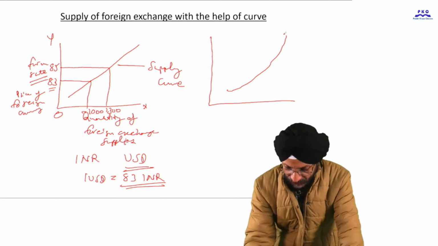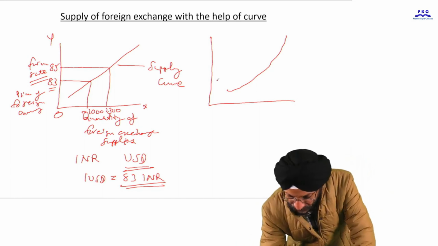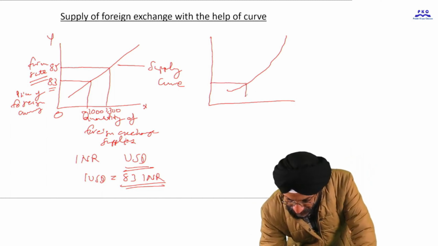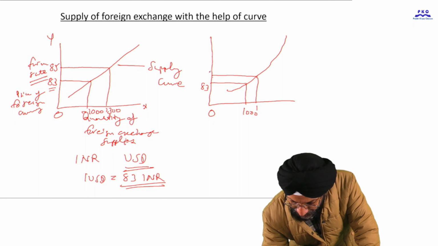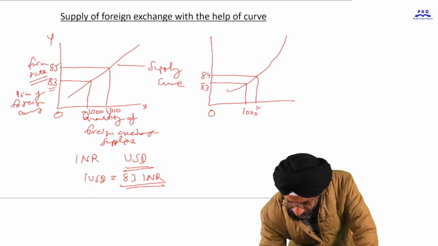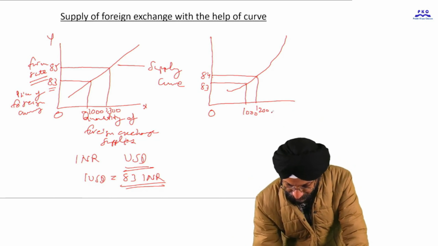At this price, this may be 1000, and when the price increases from 83 to 84, it may be this one.